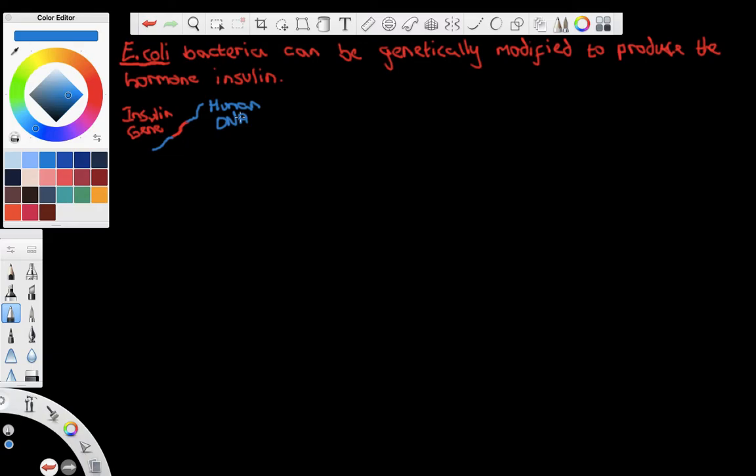Now, what we can do is we can use something called restriction enzymes to remove this insulin gene. Okay? So I'm going to put on the arrow because restriction, I'm putting it in green because it's a keyword. Restriction, R-E-S-T-R-I-C-T-I-O-N, restriction enzyme.